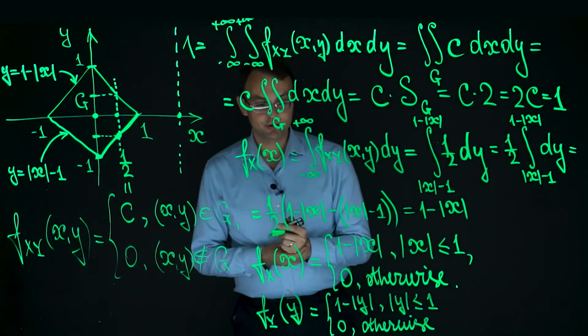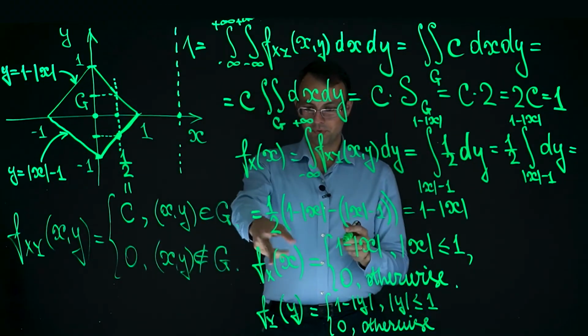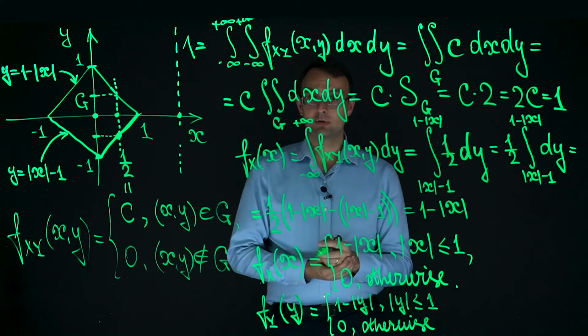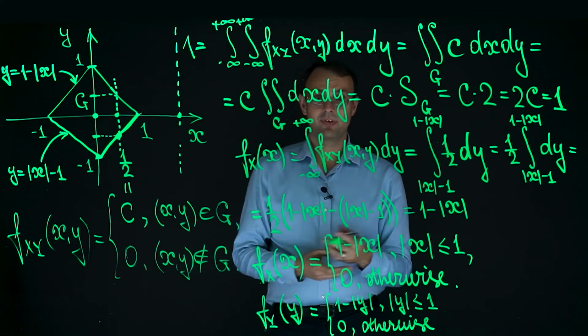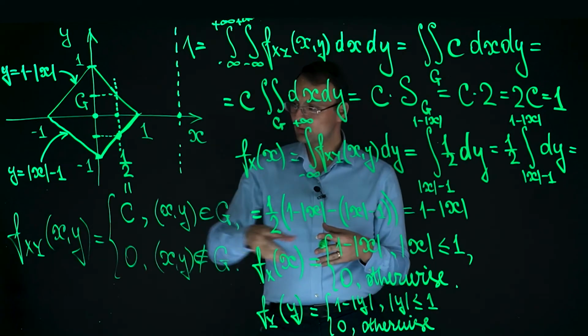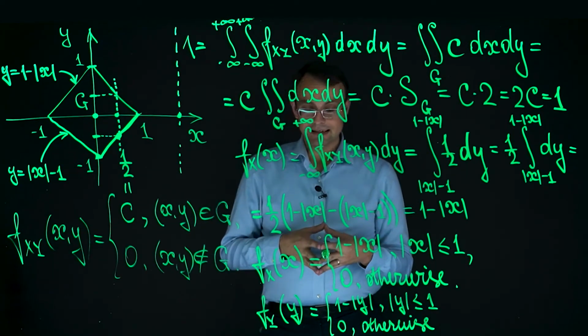So after we have both marginal PDFs, we are to multiply them and to see if the result of this multiplication is equal to the joint PDF or not.